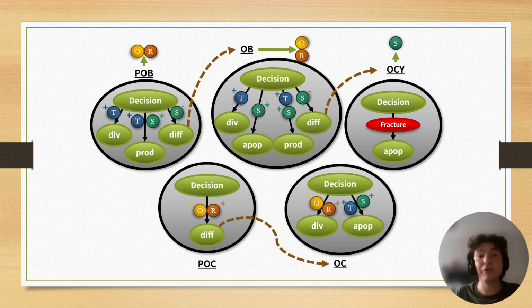In this diagram, we have all the specific actions performed by each of the cells in our model and how the different chemical signals affect those decisions. The plus sign indicates stimulation and the minus sign indicates inhibition.